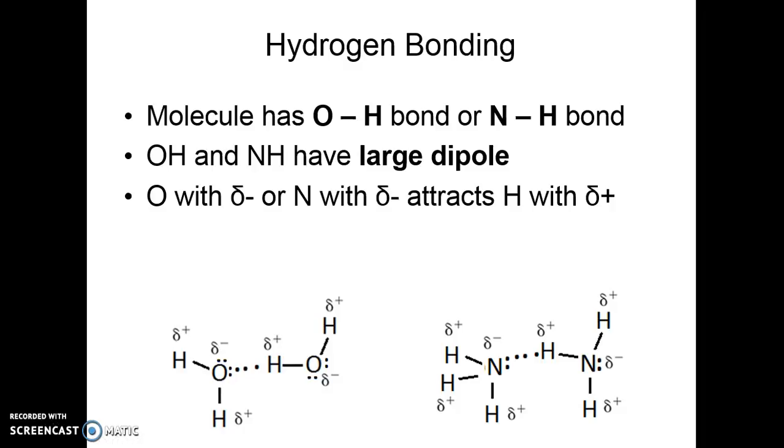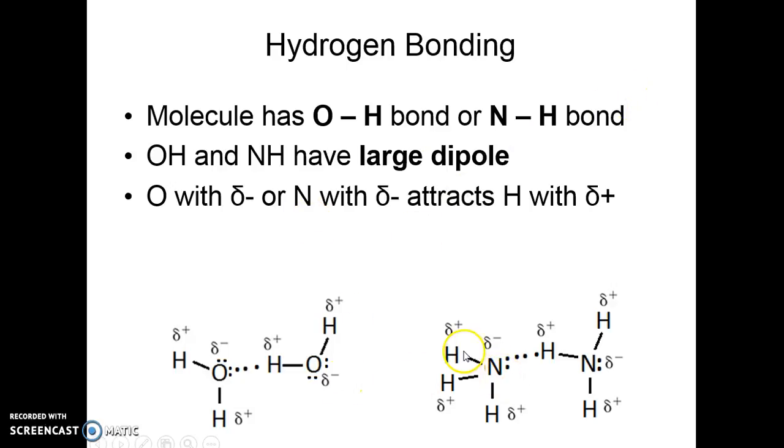And because they're tiny and they have a very large dipole due to the great difference in electronegativity, it makes an extremely large dipole-dipole force that we call hydrogen bonding. So it's really basically a type of dipole-dipole force.